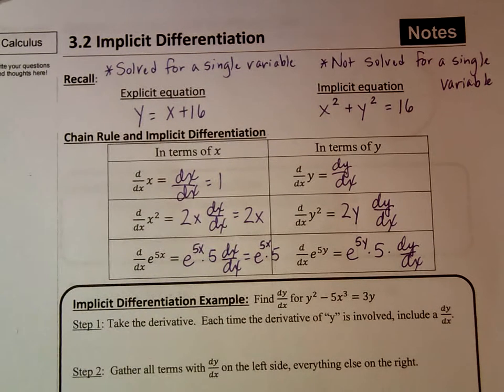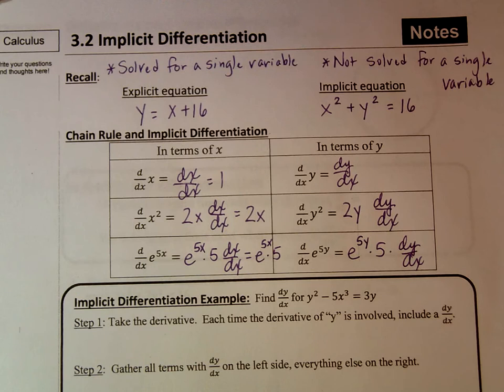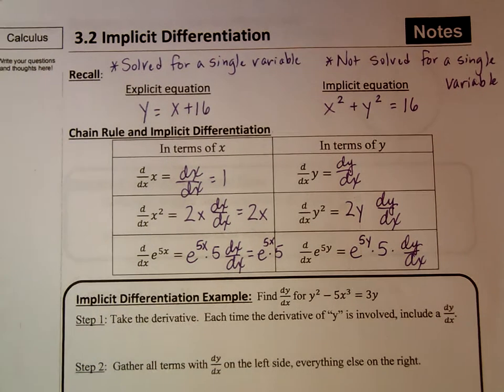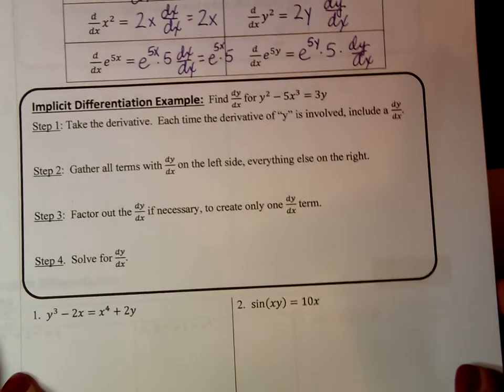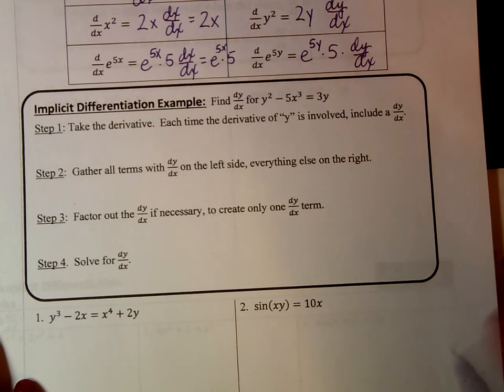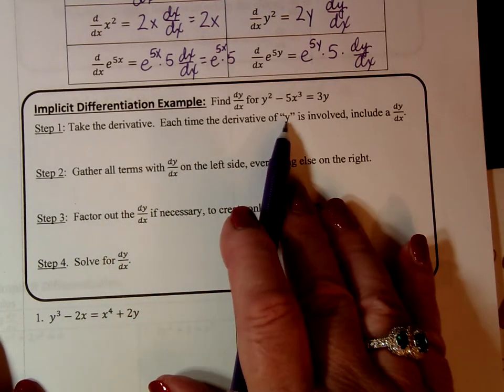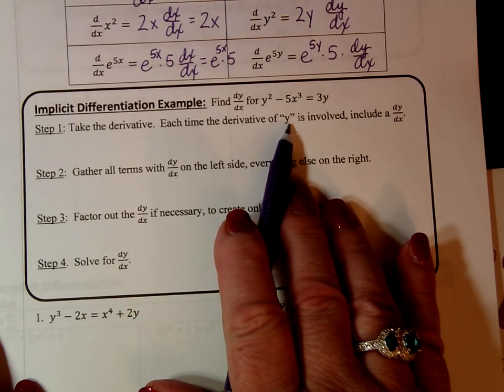So, here's our first example. Find dy over dx, the derivative, for y squared minus 5x cubed equals 3y. They talk to you in terms of steps to do this, which is kind of nice of them. First, you're going to take the derivative. But each time you take the derivative of a y, you have to say so.